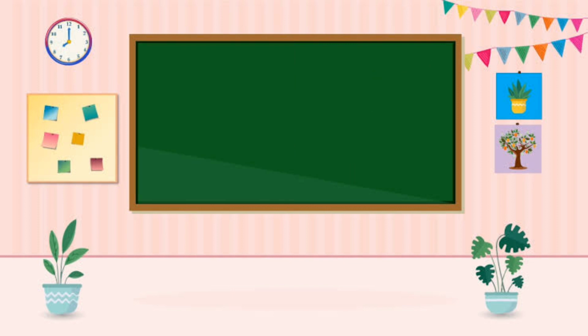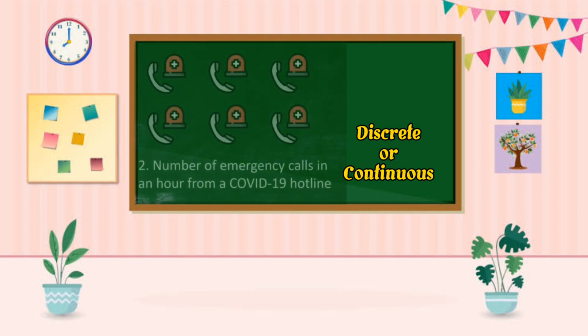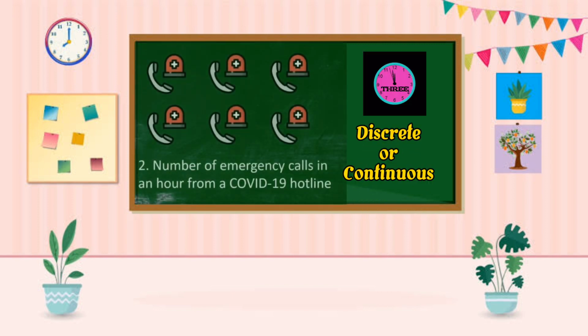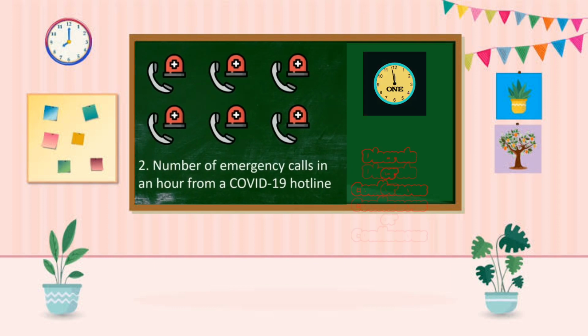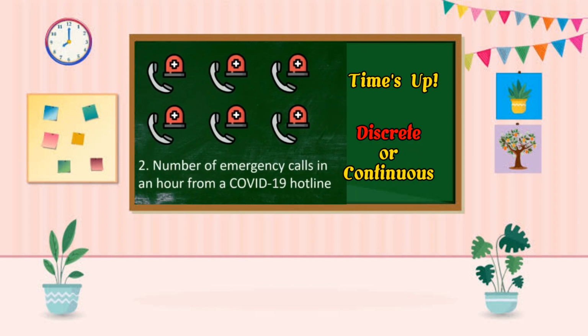Next item. Ready? Item number 2. Number of emergency calls in an hour from emergency hotline. If your answer is discrete, then your answer is correct. Number of calls is a countable amount.